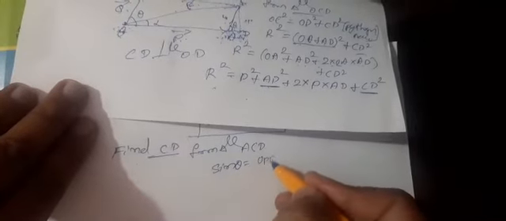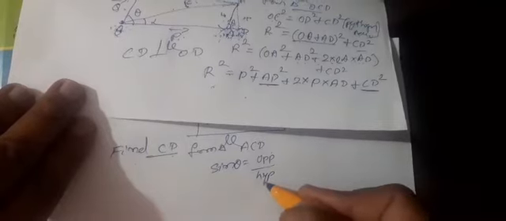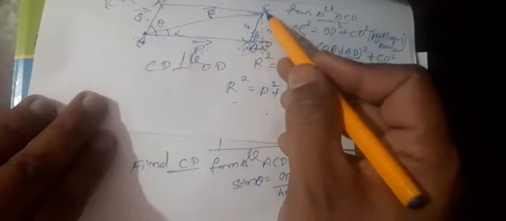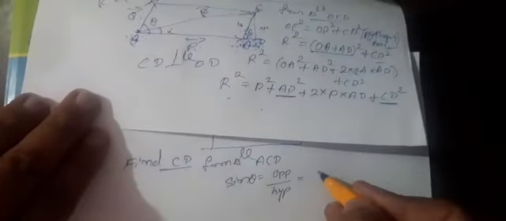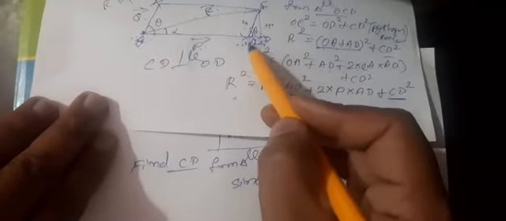What is the definition of sin theta? It is the opposite by hypotenuse side. In triangle ACD, the opposite side is CD and the hypotenuse side is AC. Cross multiply: CD is equal to AC into sin theta.